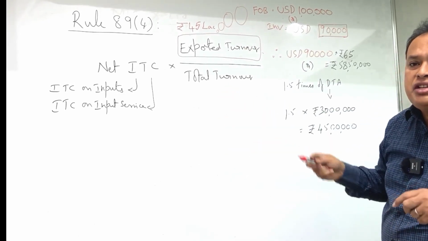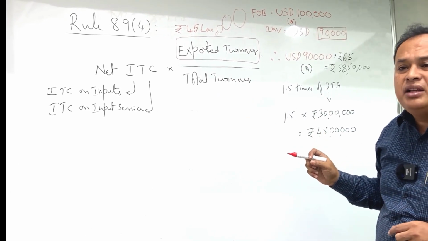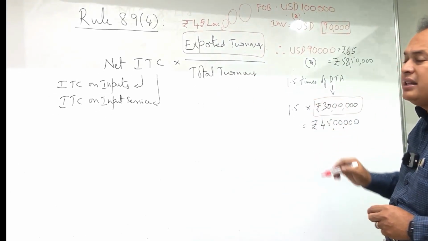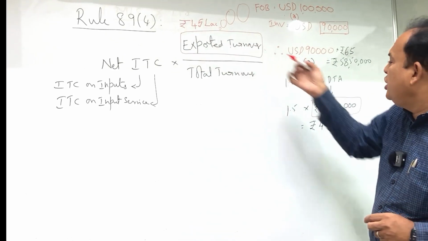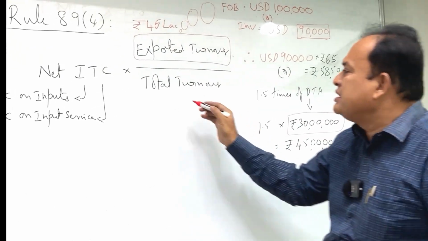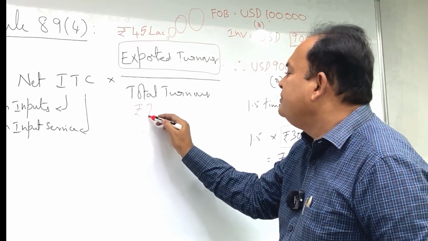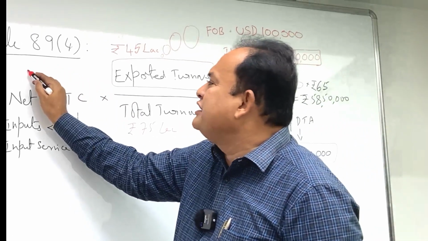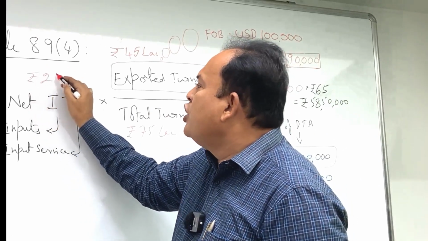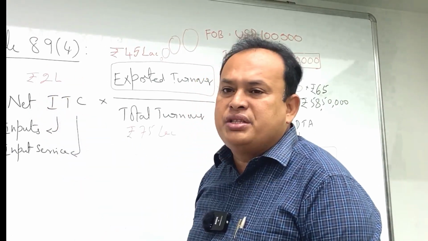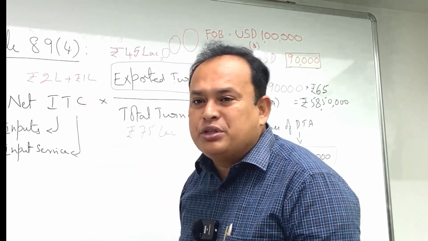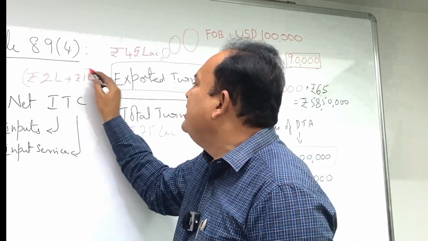Then, total turnover is that value plus the local clearances together. Here, such clearances are 30 lakhs. 45 lakhs plus 30 lakhs for total turnover purpose will be 75 lakh. If the net credit here is, for example, rupees 2 lakhs on inputs plus rupees 1 lakh on input services, total 3 lakhs.